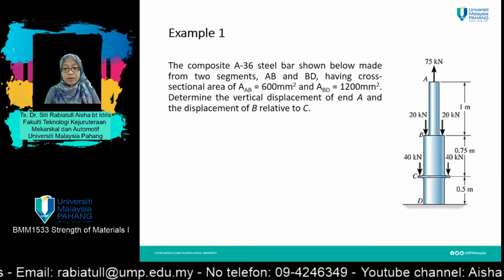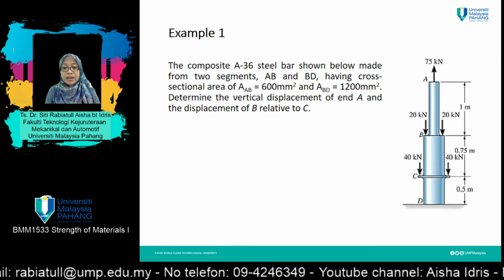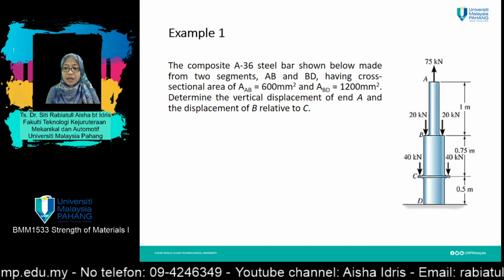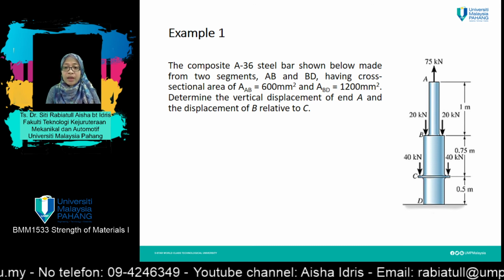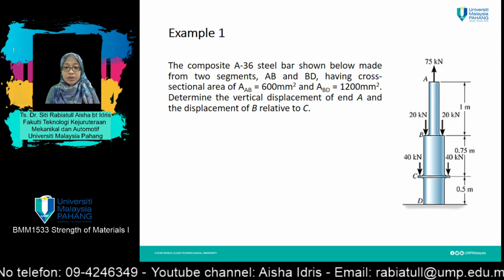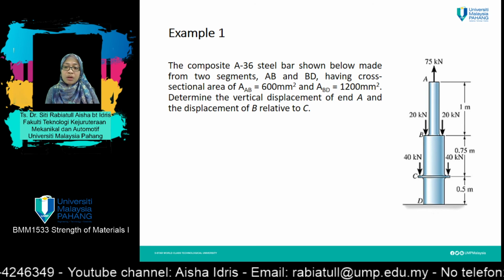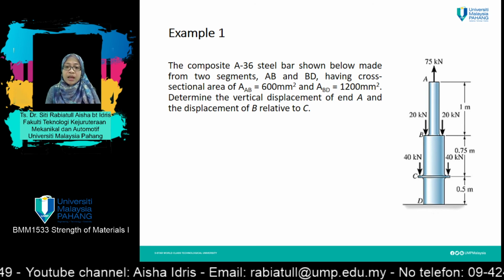Let's read it together. The composite A36 steel bar shown below is made from 2 segments, AB and BD, having a cross-sectional area of AB equal to 600 mm square and BD equal to 1200 mm square.